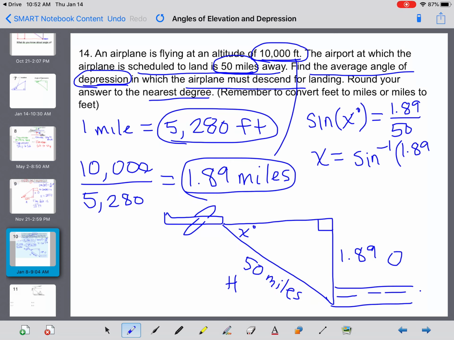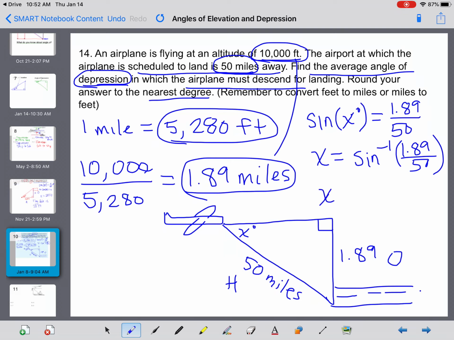So we grab our calculator, we make sure that it's in degree mode, otherwise we're going to get a weird answer. So make sure it's in degree mode, and now we can use the sine inverse of 1.89 divided by 50.